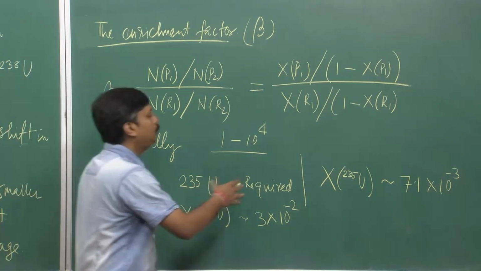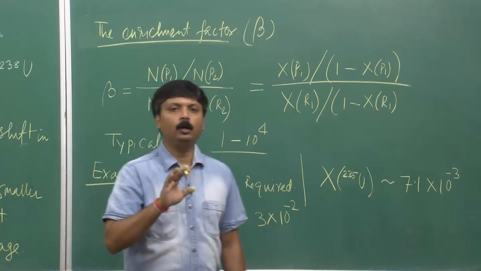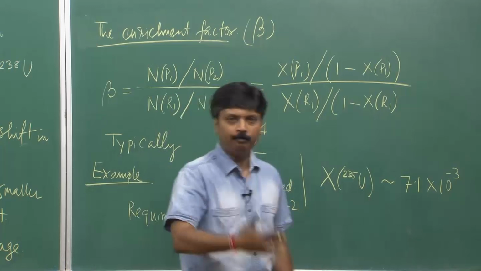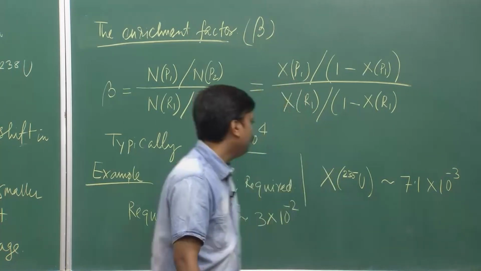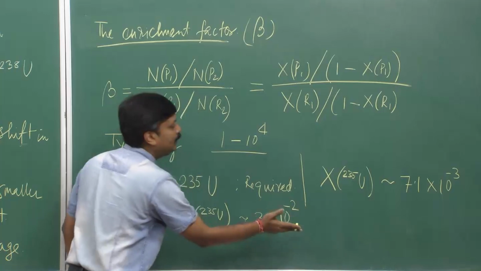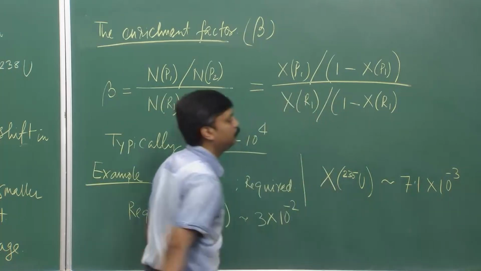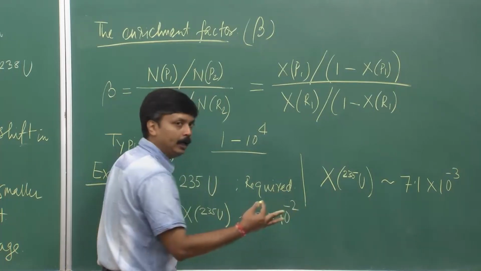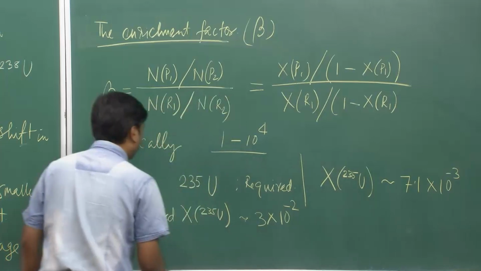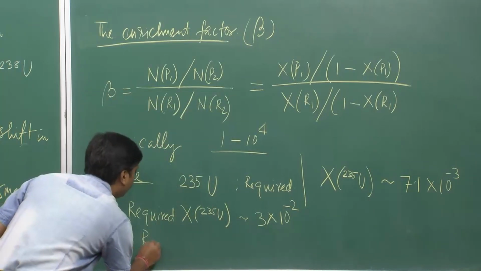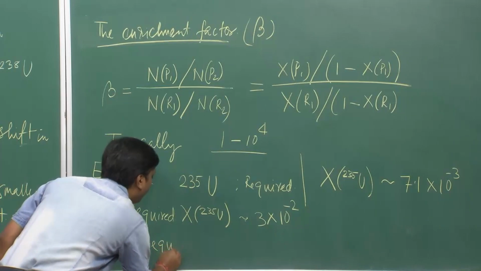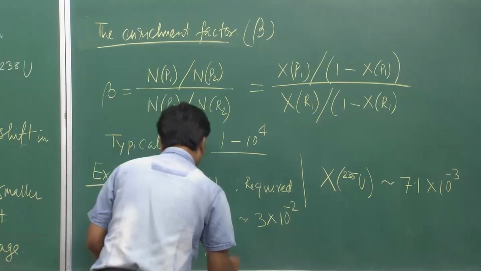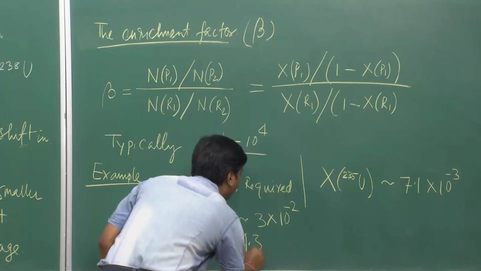Now when I do this isotopic separation, I will get my beta values with time, and knowing this requirement and the mole fraction of U235 to start with, I can get what beta is actually needed. Therefore, the required beta is around 4.3.